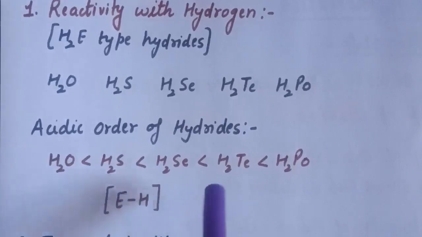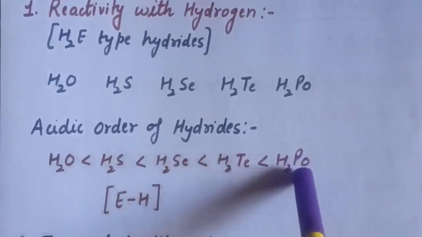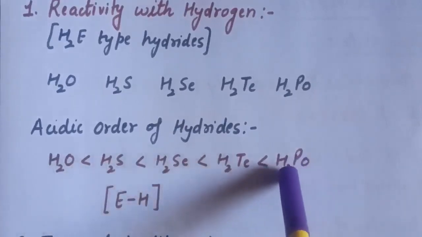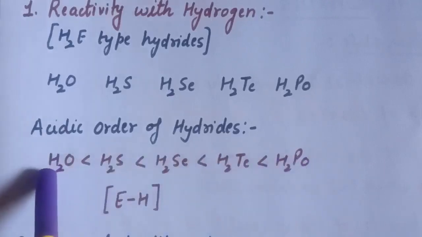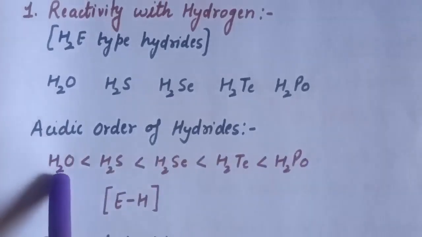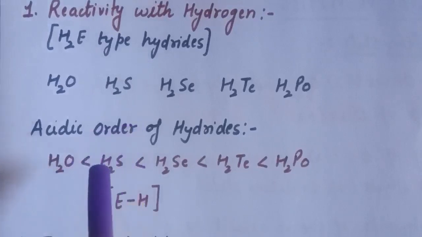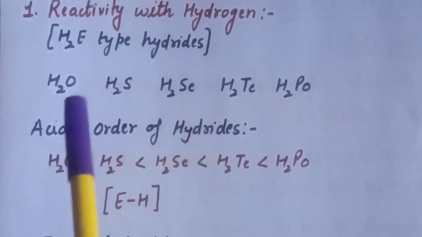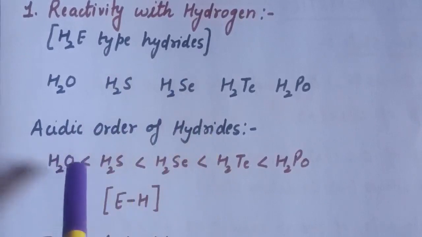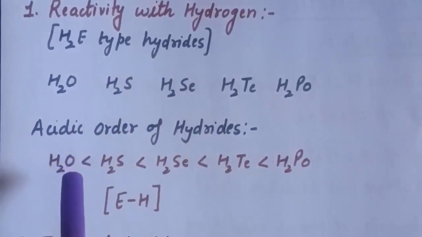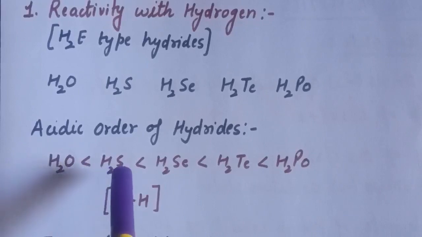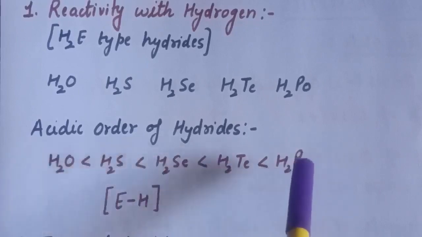And that is why the acidic character is most for the hydride of polonium, and least for H2O. So when we move down in a group, the acidic order increases when we move from oxygen to polonium.